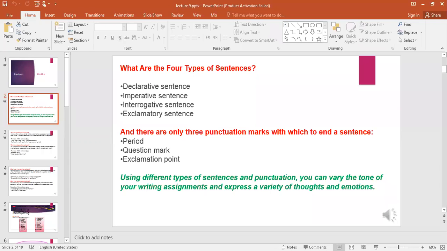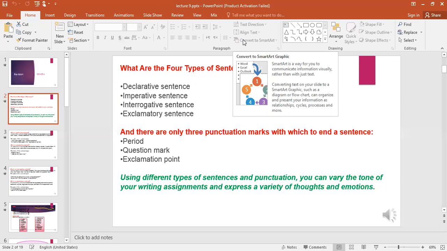We have said that a declarative sentence is a sentence that declares something or tells something, and it ends with a period. The imperative sentence is a sentence that makes a request or gives a certain order.